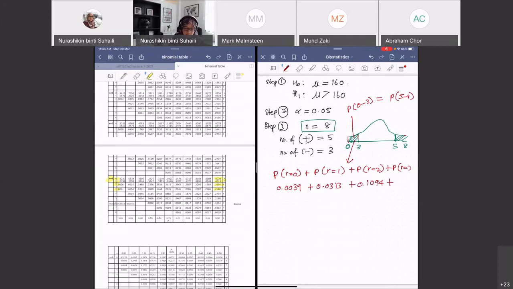And this one is 0.2188. So the summation of these will give the area under the curve here. So what's the value?